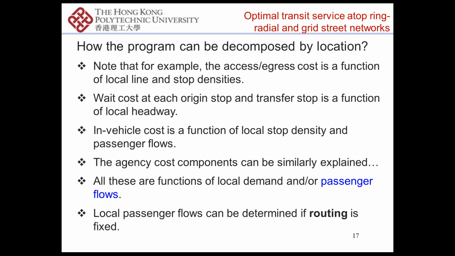We will not discuss more cost components, and trust me, the agency cost components can be similarly explained. So they can all be expressed as functions of X only. So all these functions will be functions of location-specific decision variables and local demand and/or local passenger flows.